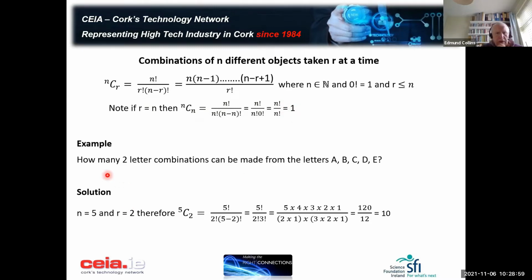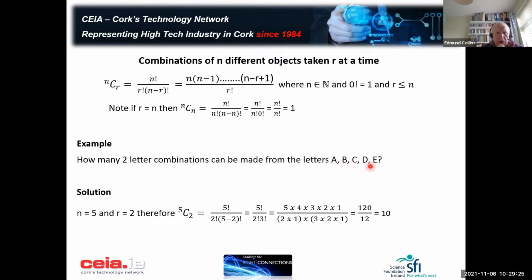So in this example here, if we want again to have a 2-letter combination, this time not a permutation, that can be made from the letters A, B, C, D, and E. So we plug n and r into our formula here.